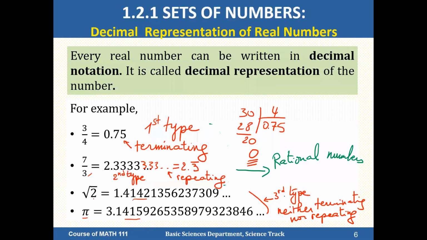But if we have a number of the third type, neither terminating nor repeating, this is an irrational number.